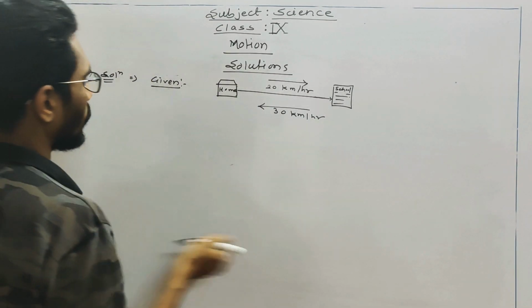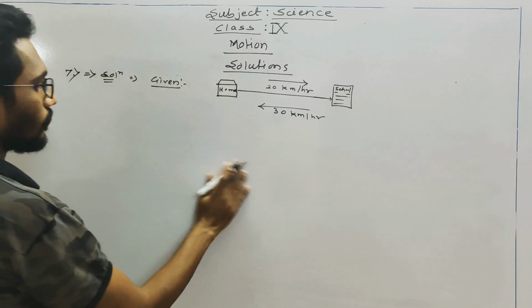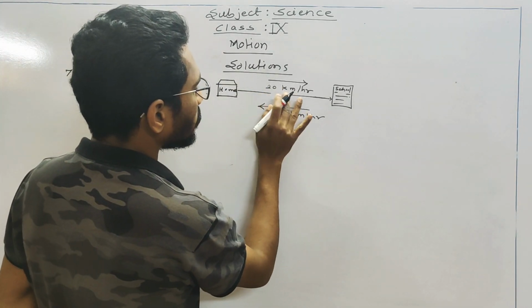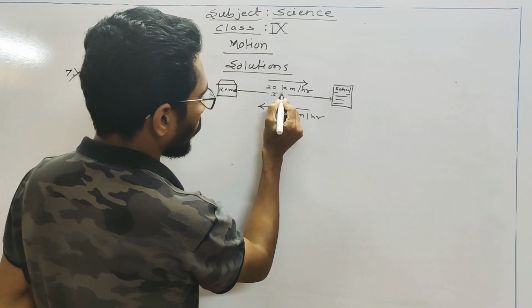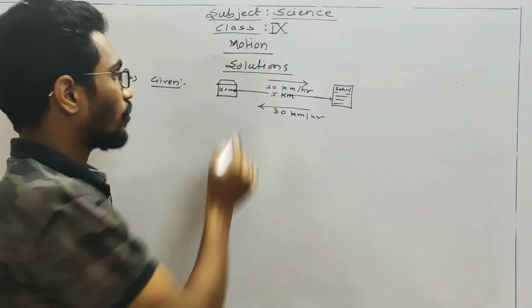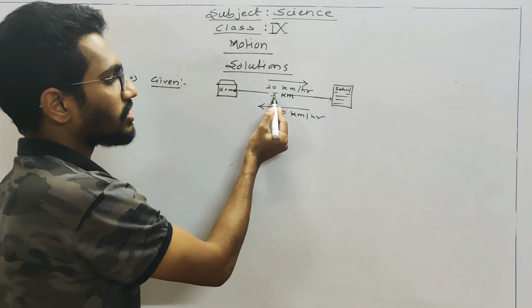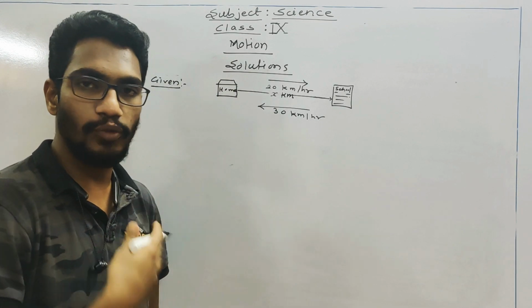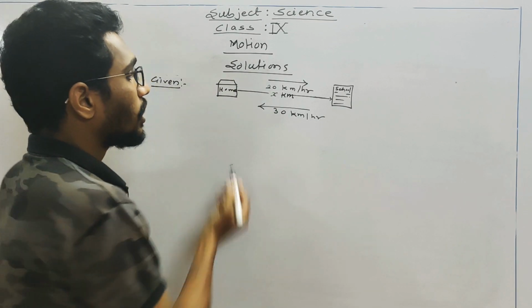So, if we consider the distance from home to school to be x kilometer, then from school to home it is also x kilometer on the same route. Yes or no?